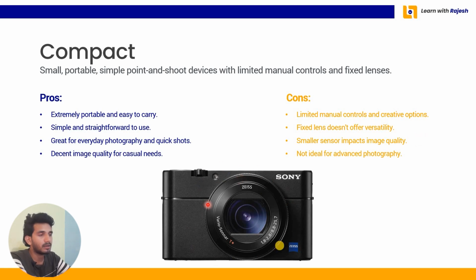In this camera there is no big sensor, so this will also affect your image quality. Not ideal for advanced photography. So this is the camera for a person who just wants to do day-to-day photography. This is a camera just for the casual photographer.